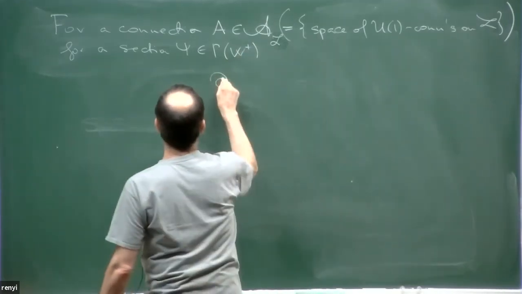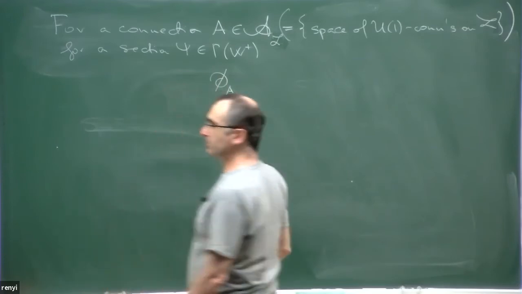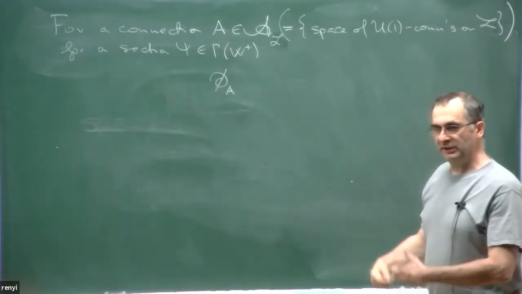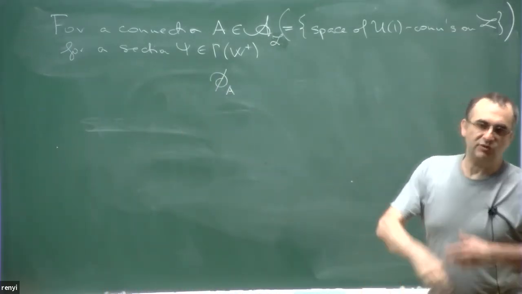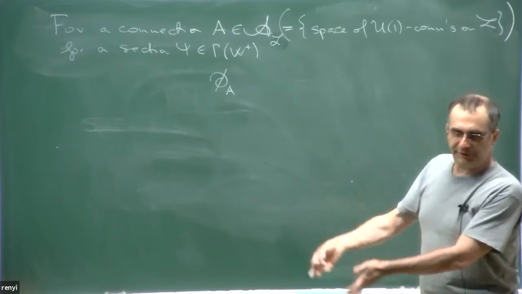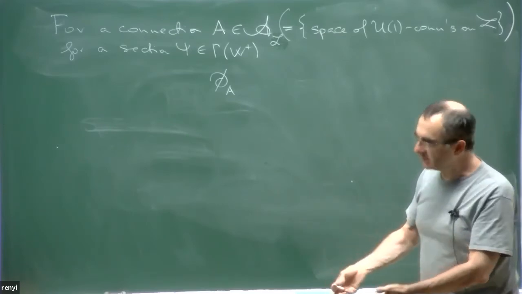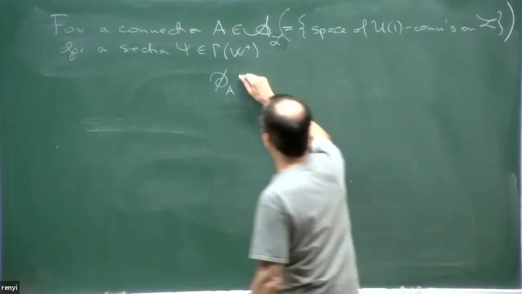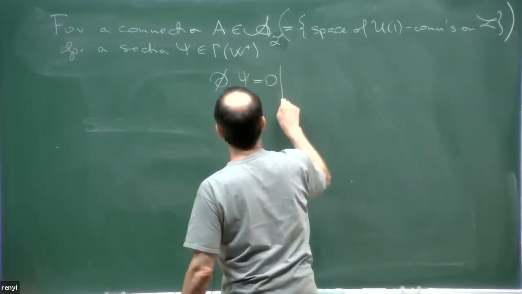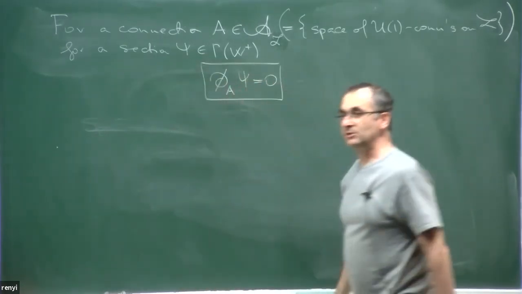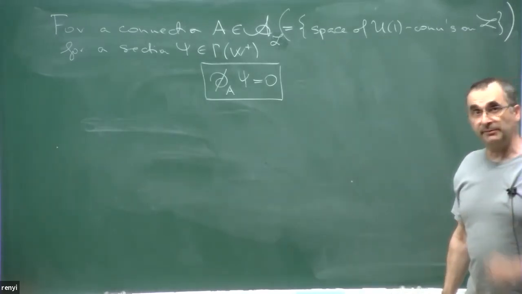Namely, we consider this operator we just got before, which required the choice of a metric, which we always do, the choice of a spin C structure, which we already did, and the choice of A, and we would like to evaluate it on psi. And that's our first equation out of the two Seiberg-Witten equations.